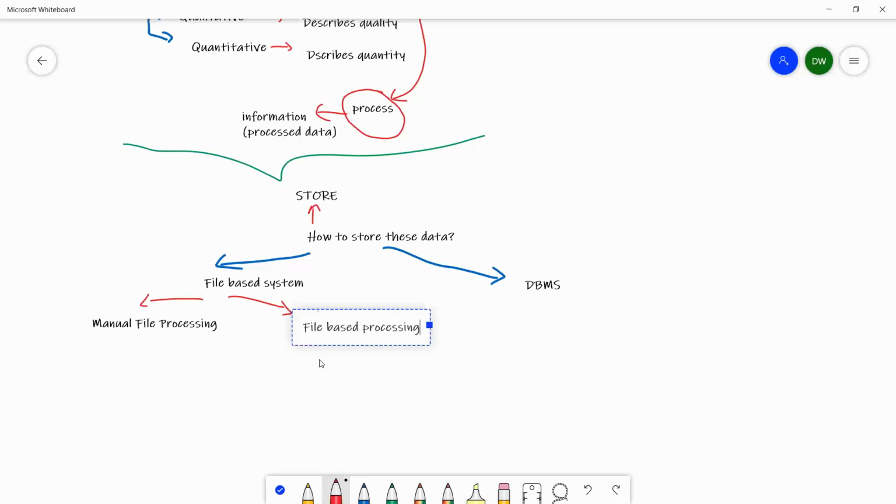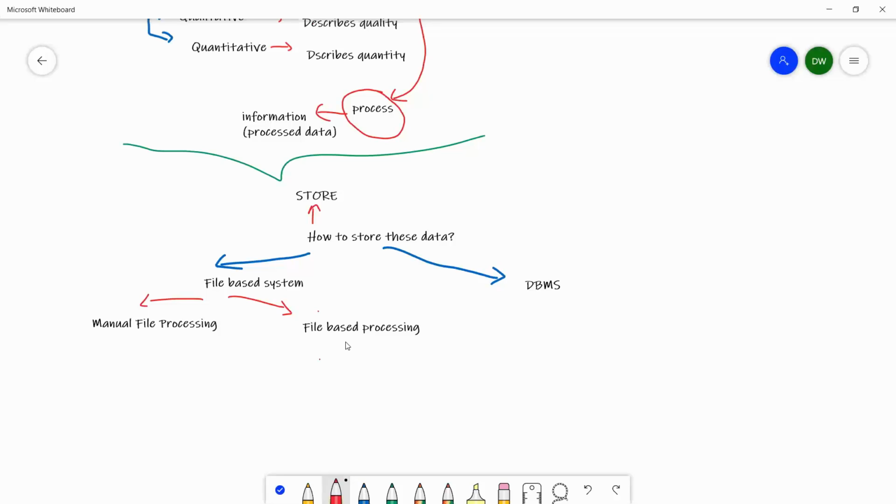And on the other hand, sometimes what we do is we enter all those data. That means we enter all the data we have on files into a computer. So in this file-based processing, we have computers, and sometimes almost all the things, and sometimes some parts of data may be inserted into the computer, and inside the computer we have a set of files.